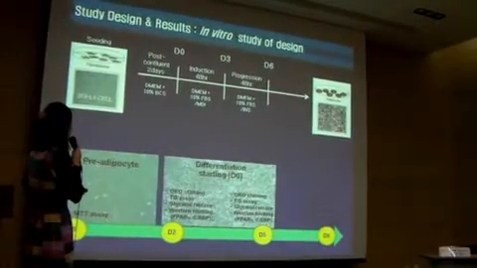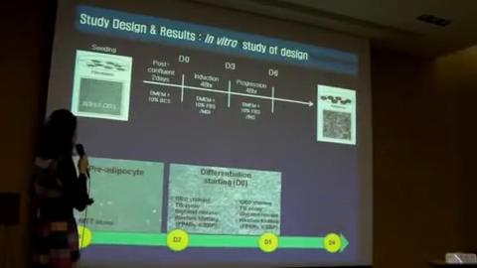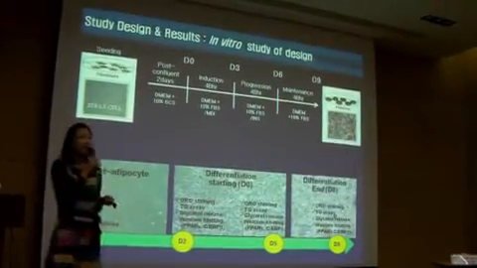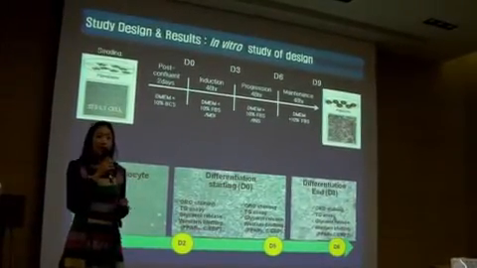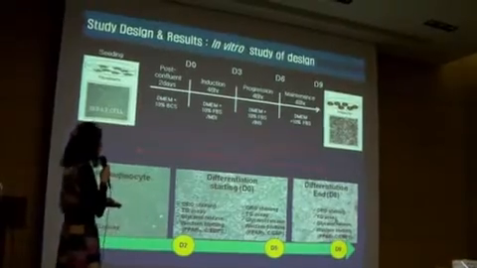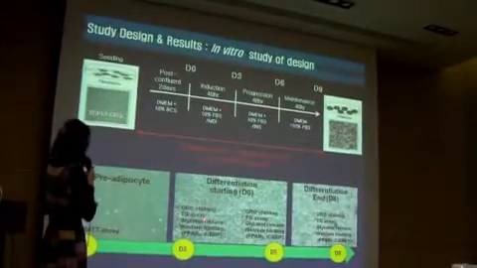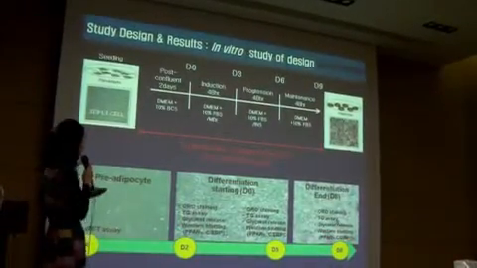And after induction, they were further differentiated with the medium containing insulin. And finally, the cells were maintained in the media. And to examine the effects of SC, we treated various doses of SC, and lipid accumulation, glycerol release and western blotting were measured during this period.